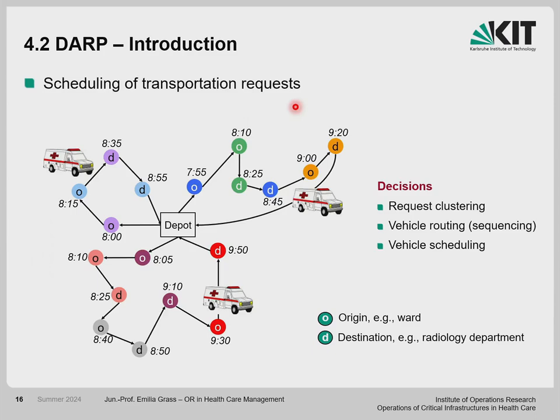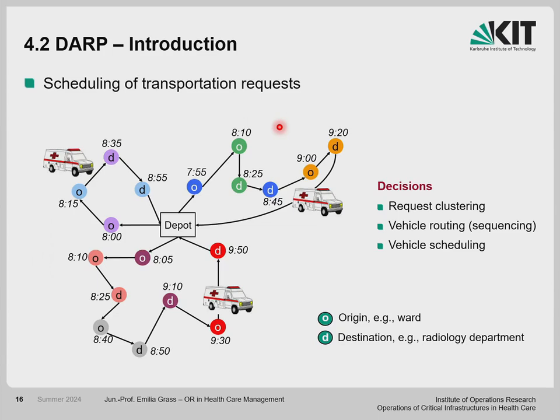For instance, if the patient has surgery at 10 a.m., the patient has to be at the surgery ward at 10 a.m., and then you determine backwards when you have to pick them up to be on time at the surgical ward. So the arrival times are the fixed ones, and the pickup times are the ones we have to determine backwards, often not the other way around, because we often know the destination times. So we have the clustering, we have the routes, we have the schedule. We know which patient to pick up and deliver, at which node, at which time.